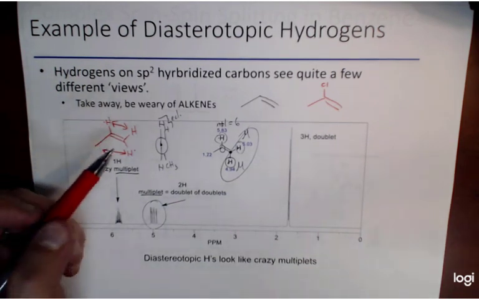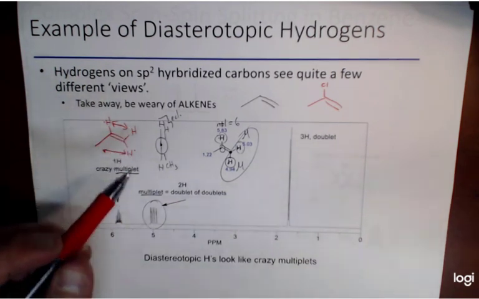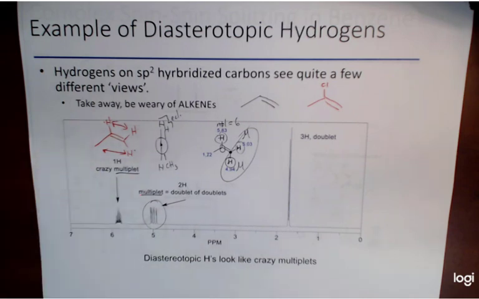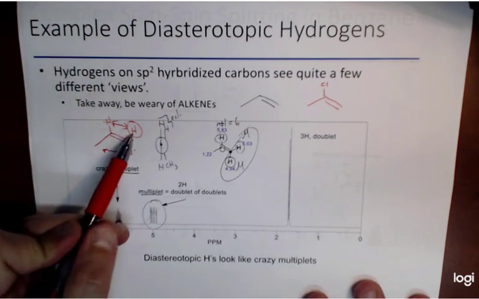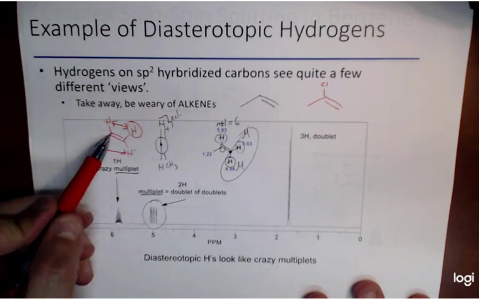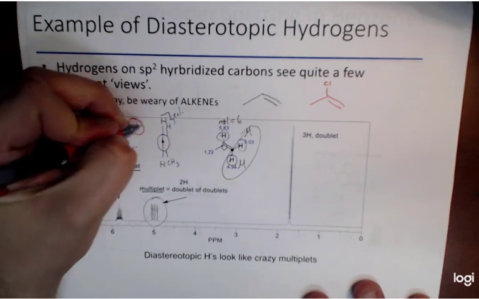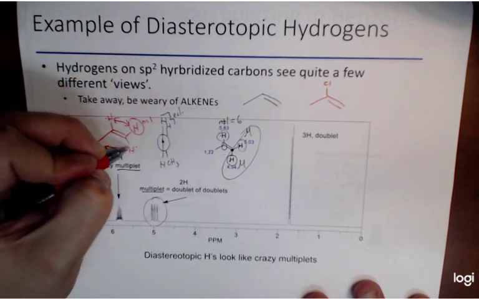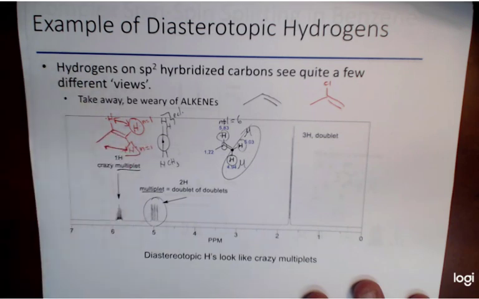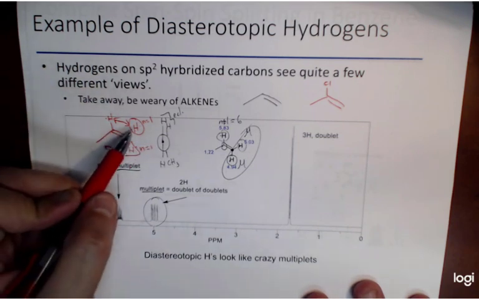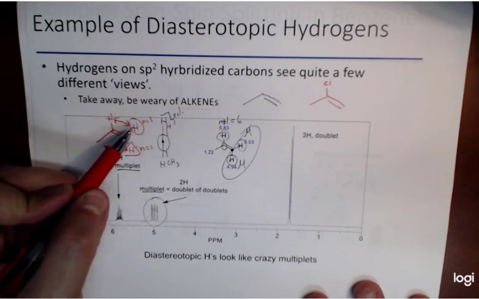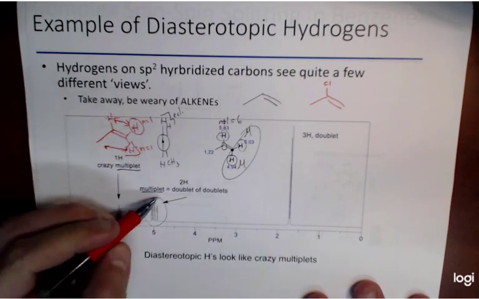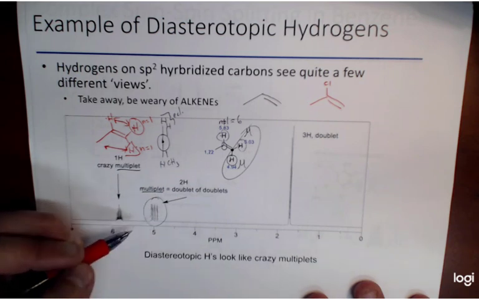So these two hydrogens are no longer chemically equivalent, so they'll give us separated signals. Now, for this hydrogen, how many neighbors does it have? Well, go to the next house, and it only has one neighbor. So it has an n equal to 1, just as this one has an n equal to 1. So this hydrogen gives me a doublet, n plus 1 is 2. So a doublet and a doublet, and that's what we see right here with this doublet of doublets.